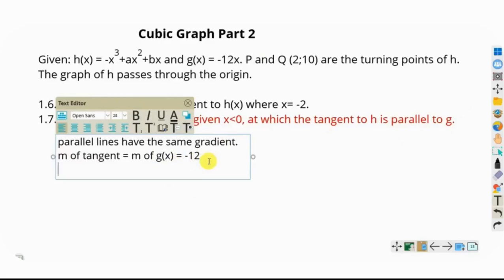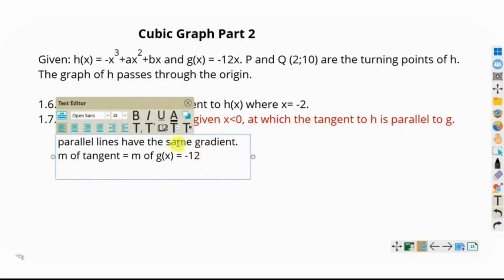So now we know the gradient of the tangent. How do we find the gradient at a point on an equation? On the equation of h, we first derive the equation once. Remember, when you derive an equation once, it results in the equation of the gradient.